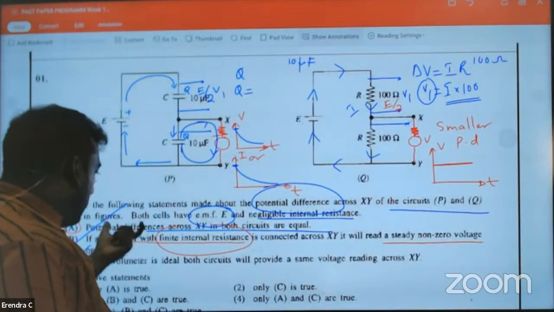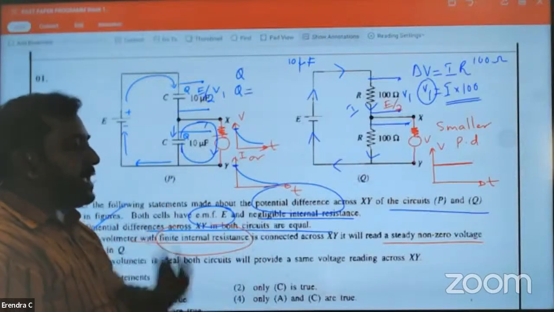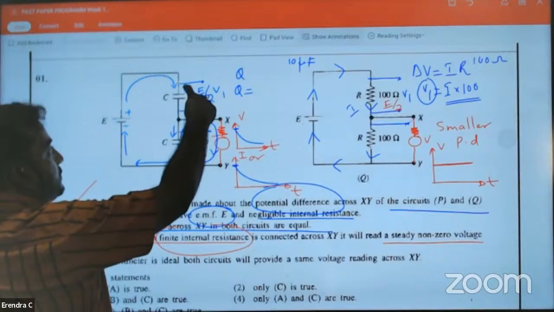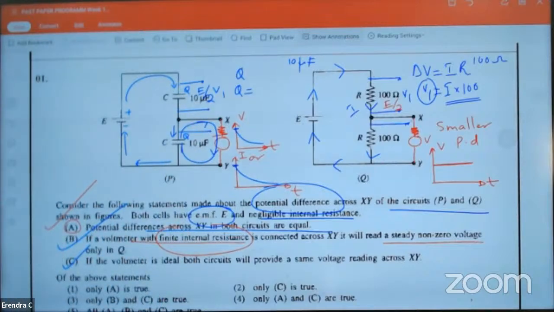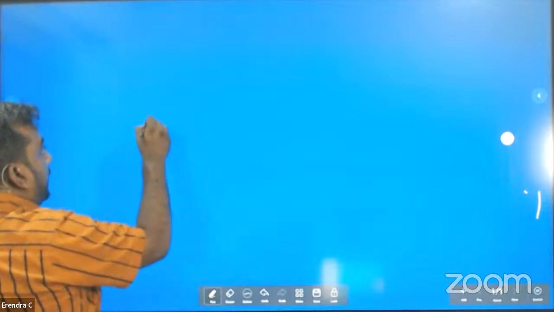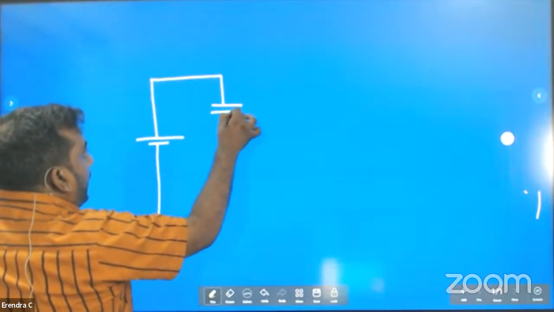First one: potential difference across XY in both circuits is equal. Look, now here you have the battery and here you have the capacitor.